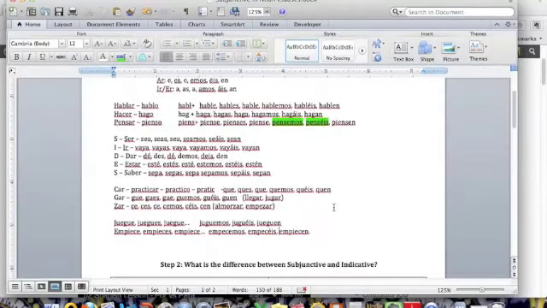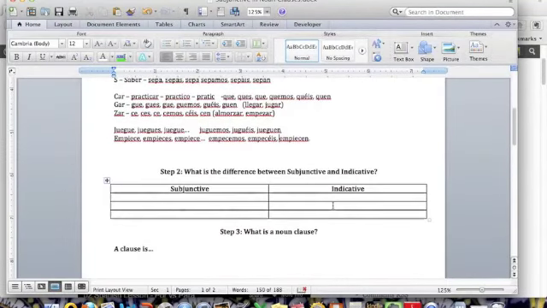So let's move on to what is the subjunctive. What are the differences between subjunctive and indicative? Well, there are lots and lots of these differences, but the easy breakdown is: subjunctive we use for doubt, denial, disbelief. We use it for emotions.